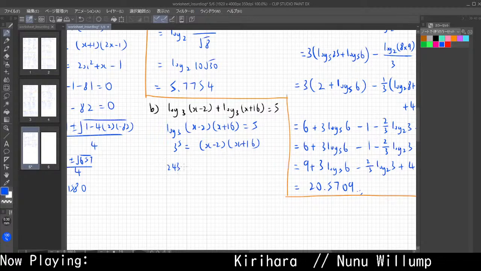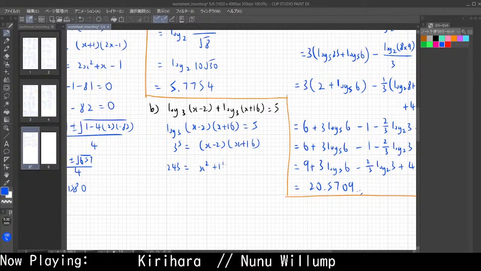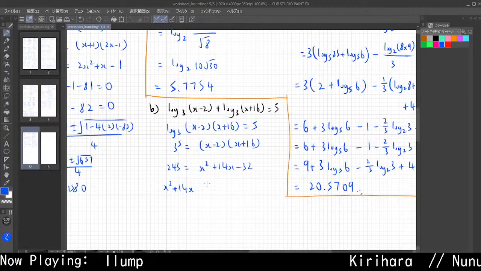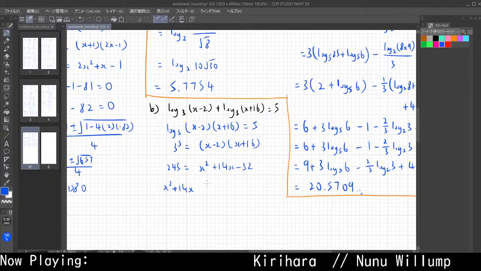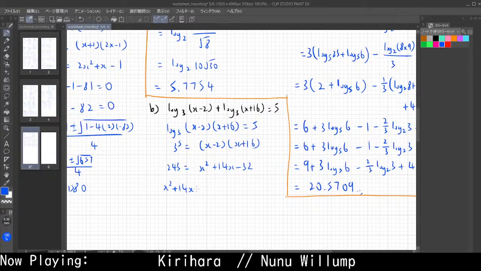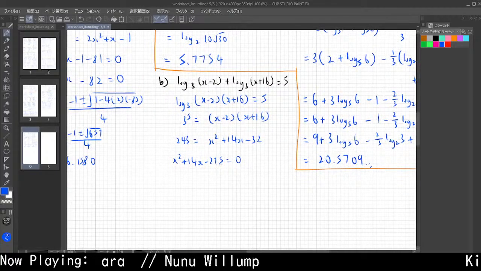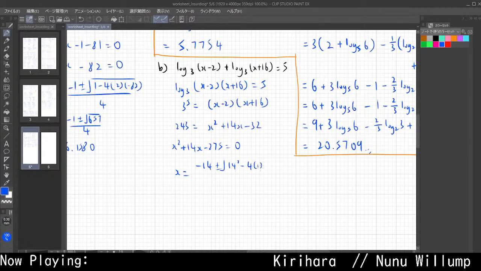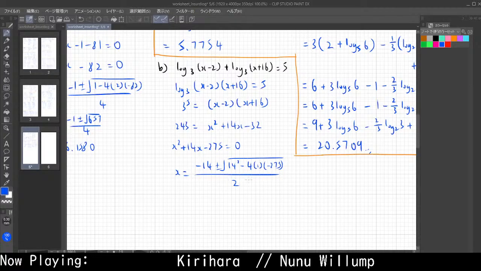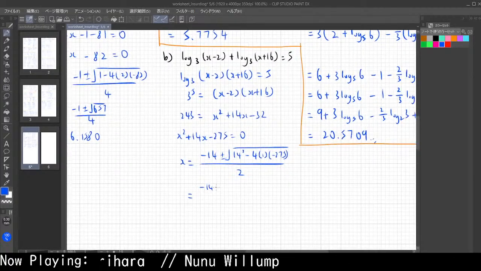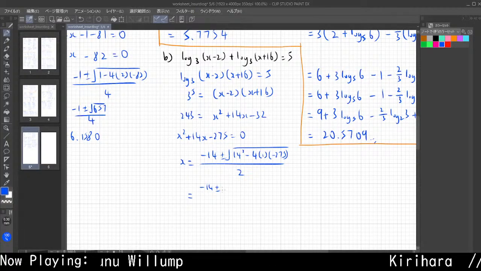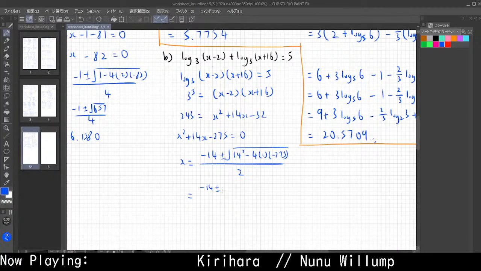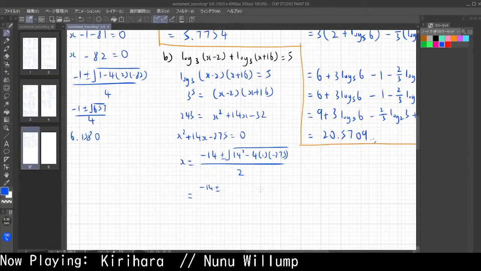Expand. Oh. Oh no. Wait, what? Ooh, okay.